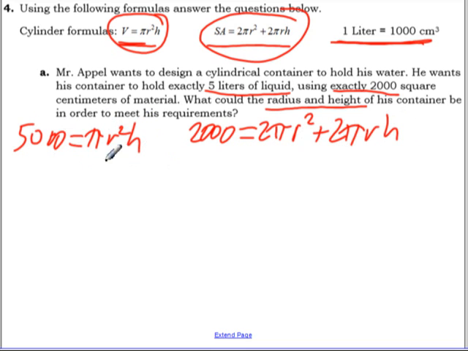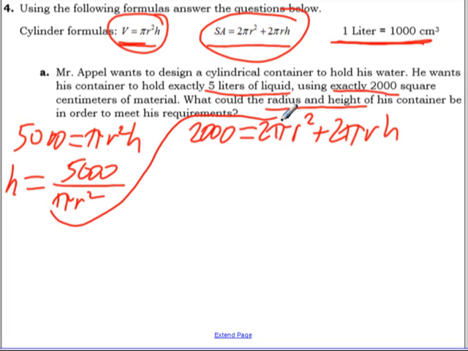So going back to my first equation for the volume, I'm going to go ahead and solve that for h. So I'm going to divide both sides by pi r squared, and I'm going to get h is 5,000 over pi r squared. And then I'm just going to take that and plug it right in for h in the surface area equation.